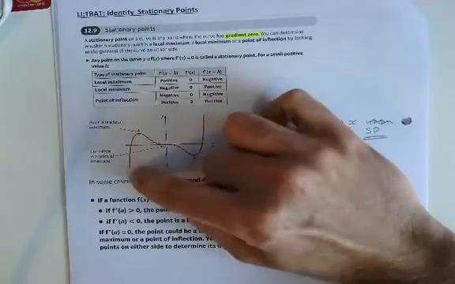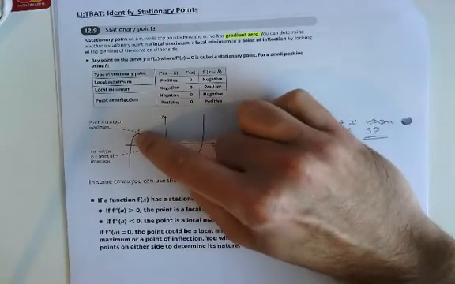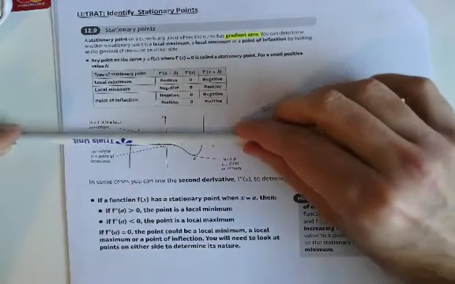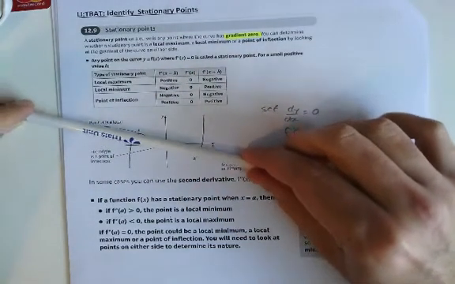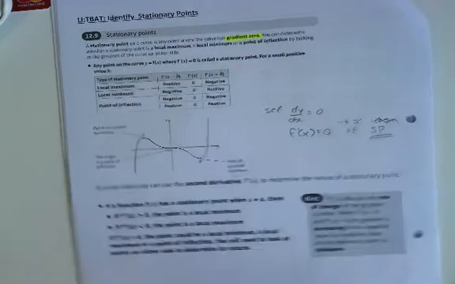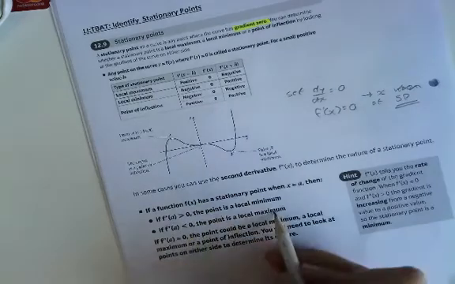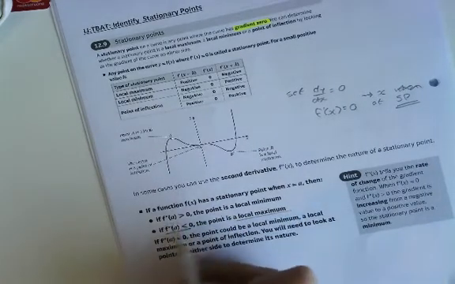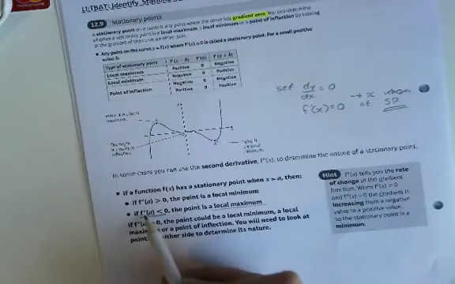So as it's coming up to here, the steepness of this curve is decreasing, and then after that, it continues to decrease, going more and more negative the other way. So if the change in the gradient is negative, or less than 0, then it's a maximum. Remember that means your second order derivative.